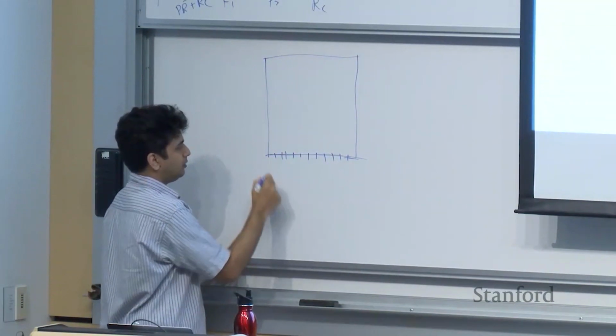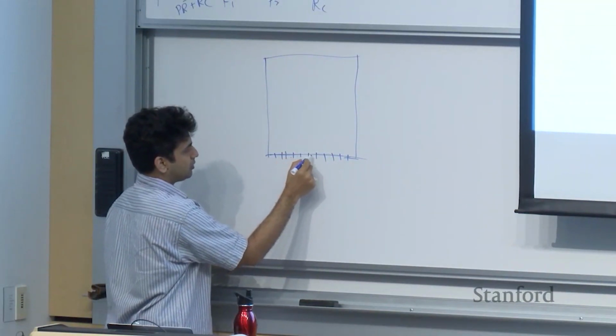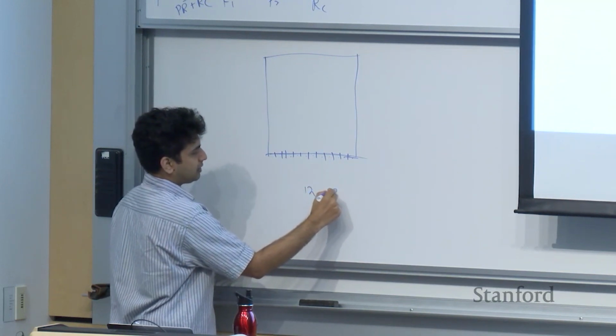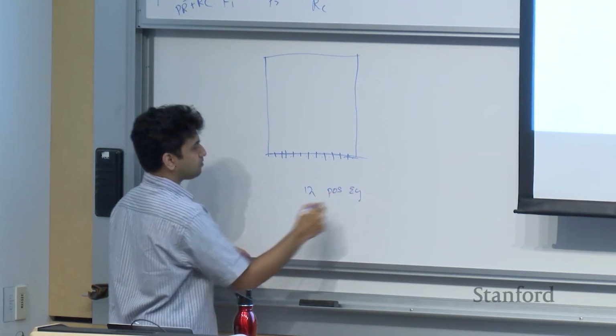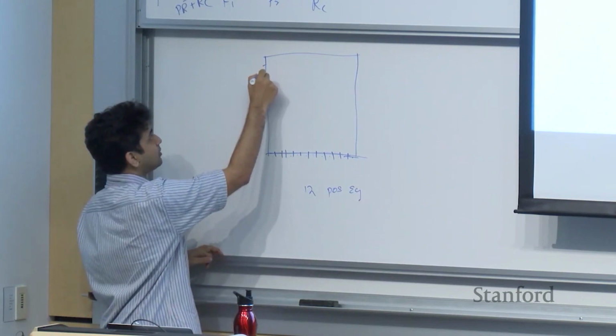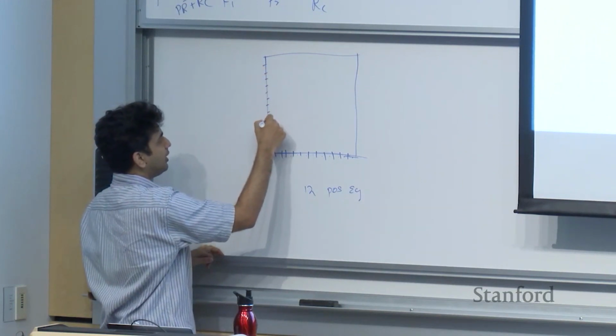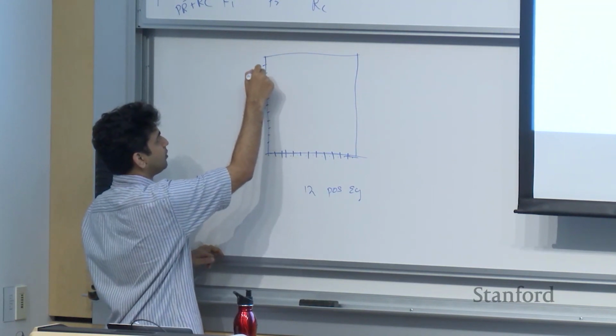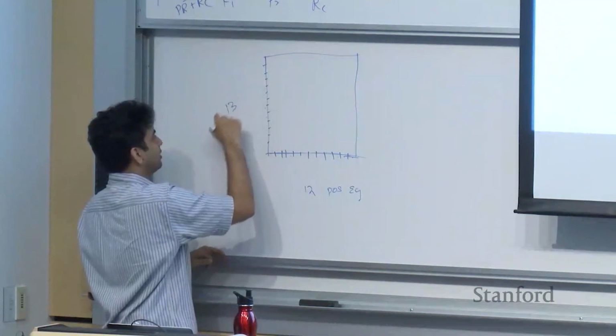So let's say you have 12 positive examples. And chop up the vertical axis into the number of negative examples that you have. So 13 negative examples.